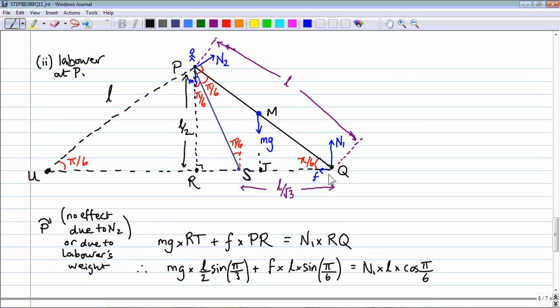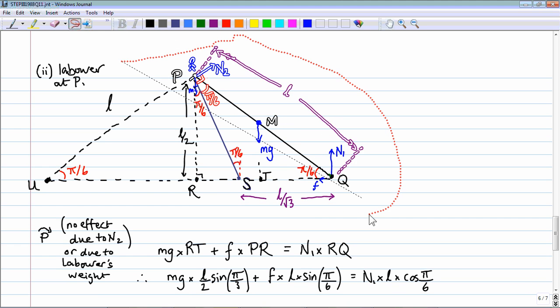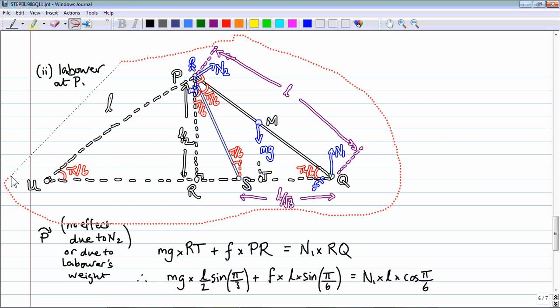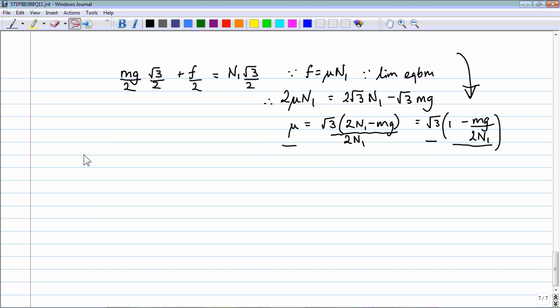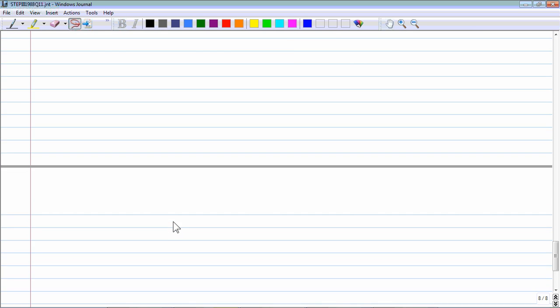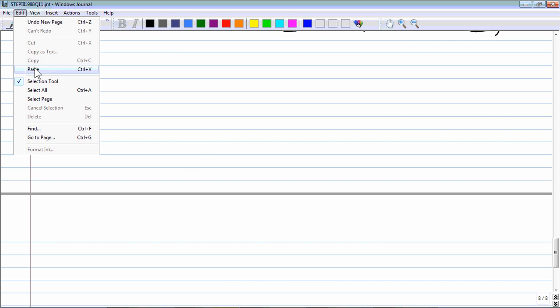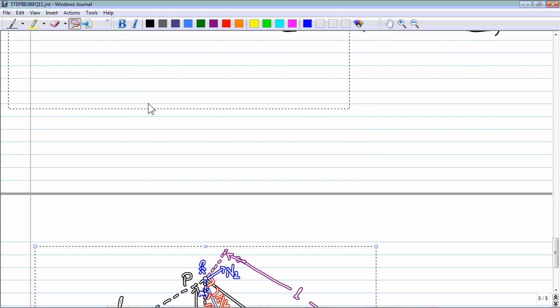So let's use, okay, I need access to the diagram, don't I? So I'll probably just make another copy, best I can. Oops, gone all the way down there. Okay.